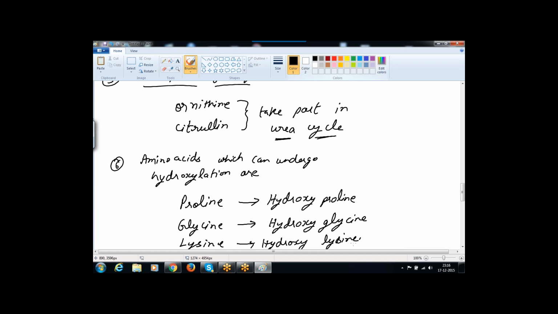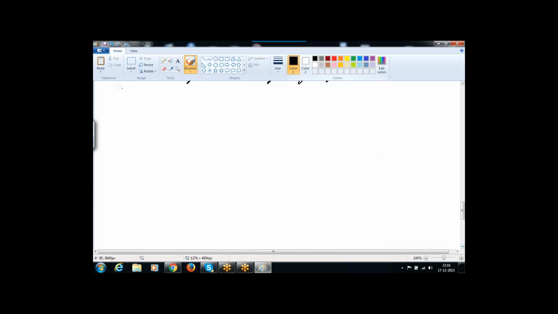Next, we have to do the breakdown of amino acids or degradation of amino acids. Now, amino acids have an amino group. When this amino group is removed, it becomes ammonia. Ammonia is very toxic.